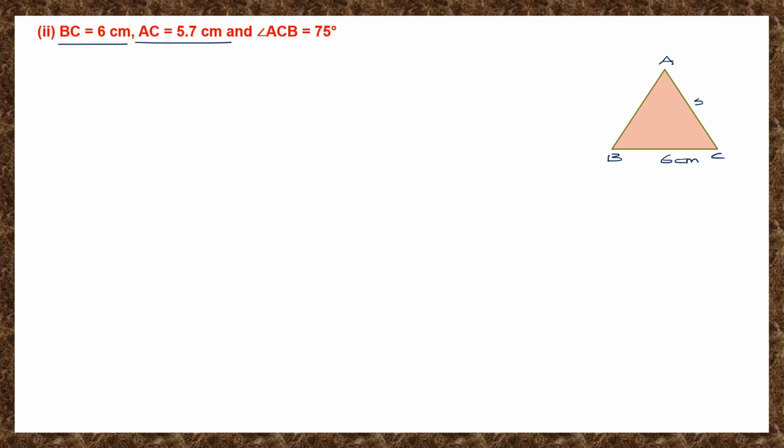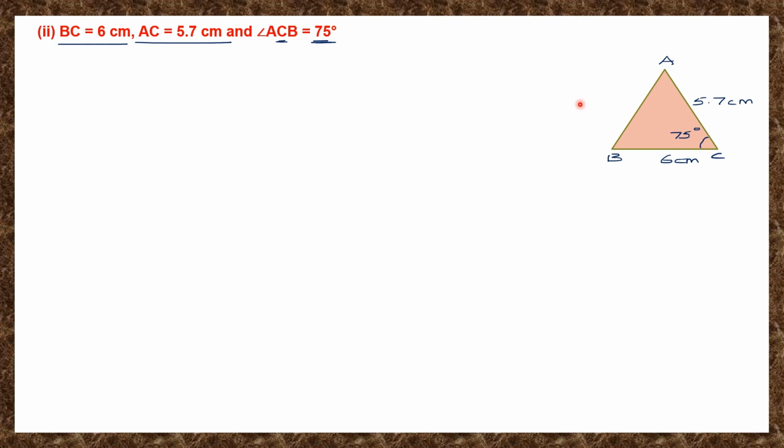So where is AC? It's on this side, 5.7 centimeters. And here it says angle ACB is 75. C is the letter in the middle and that is 75 degrees. That means here we should get 75 degrees. So we're going to get a triangle which has BC 6 centimeters, angle C is 75 degrees and CA is 5.7 centimeters. AB, we don't know the measurement of that side.